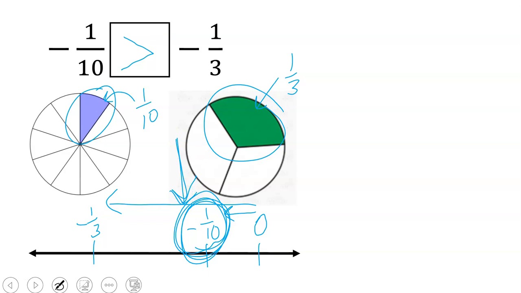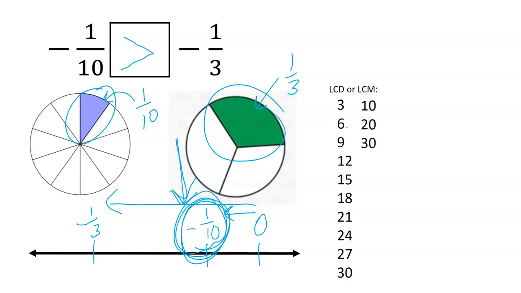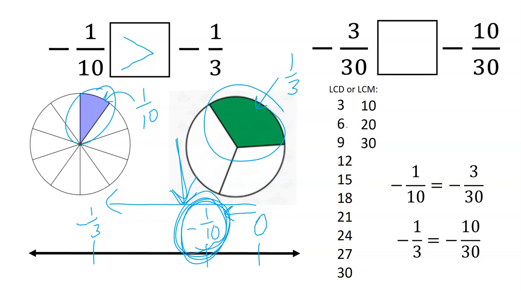And the further you go to the right on the number line, the larger the number becomes. Now, if that seems confusing, it might help to get a common denominator. So 30 is our common denominator. Change -1/10 to -3/30, -1/3 to -10/30, and then we can compare. And you'll still see that -3/30 is greater than -10/30.